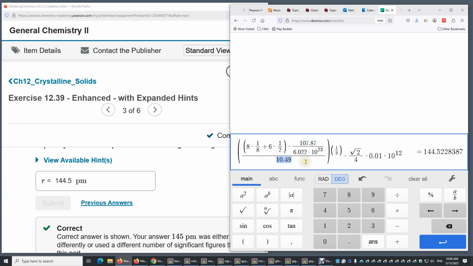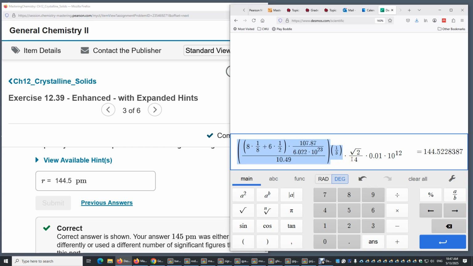On the bottom, that's the density of silver in grams per cubic centimeter. Therefore, we get the volume here in cubic centimeters. We take its cubic root to get the edge length in centimeters. And that's, again, the edge length. Because the square root of 2 times the edge length equals 4 times the radius.